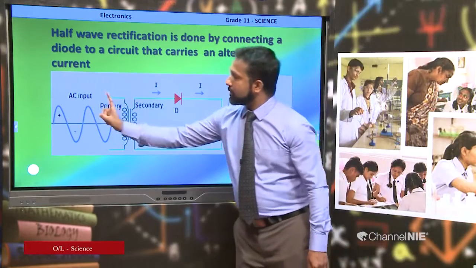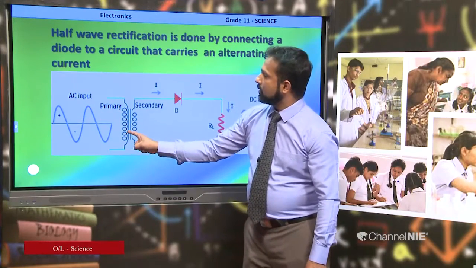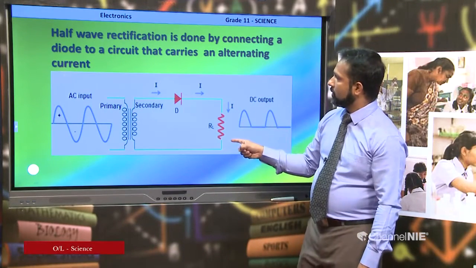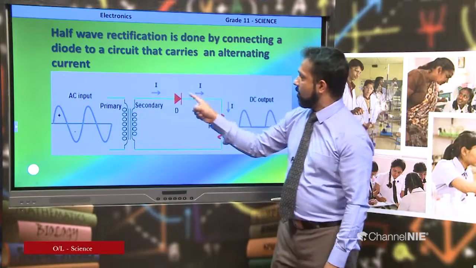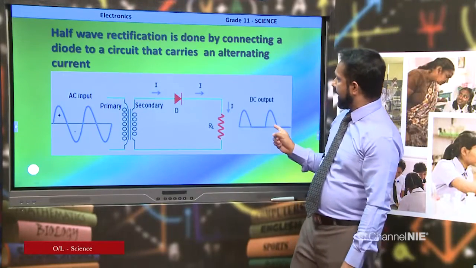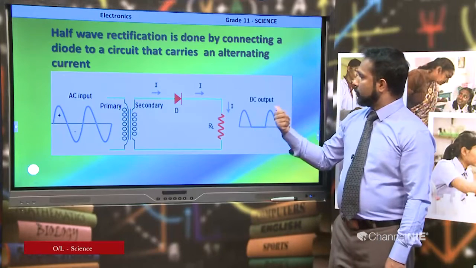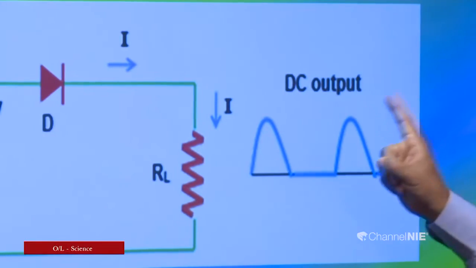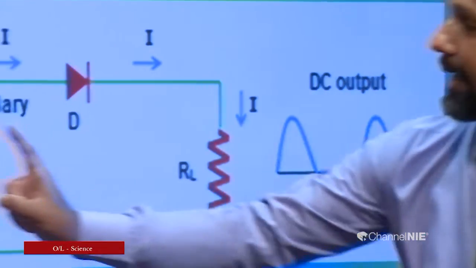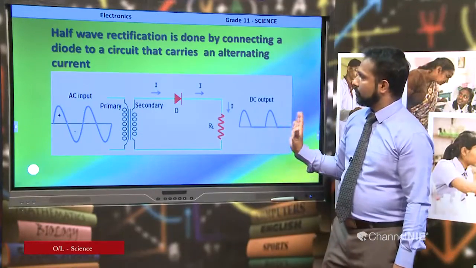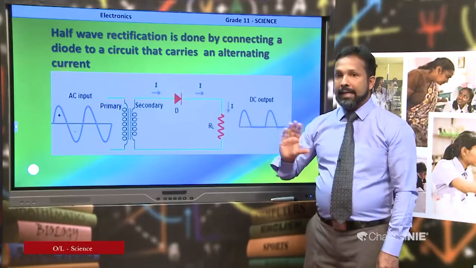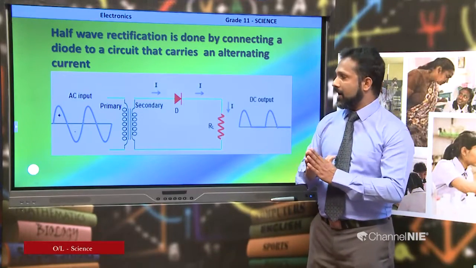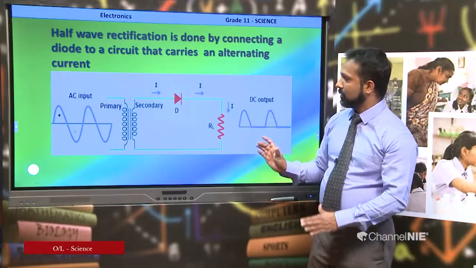So only the positive half of the AC current may pass through the diode. The negative half will not pass through. That means we can obtain output voltage as shown in this graph. Only positive halves are there. Negative halves are not there because the diode did not allow the negative halves of the AC current to pass through them.